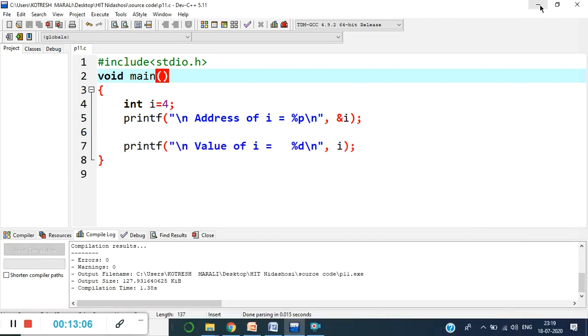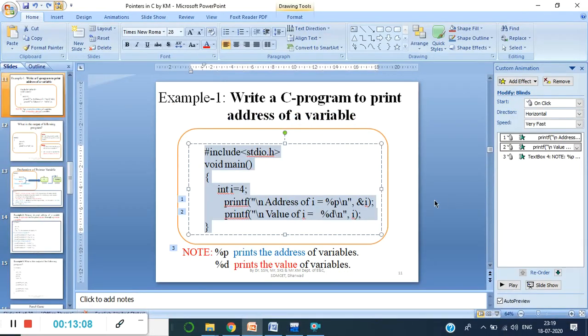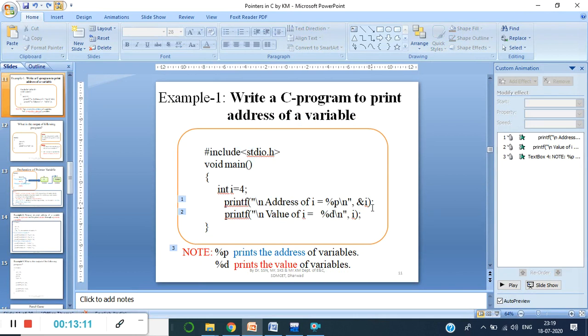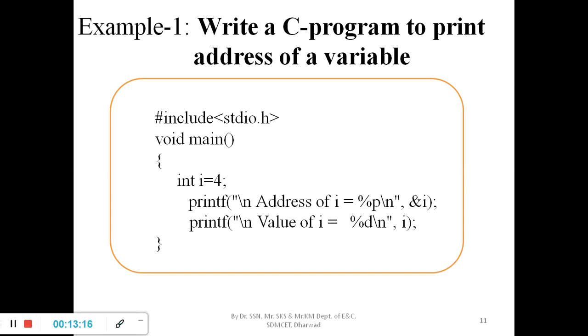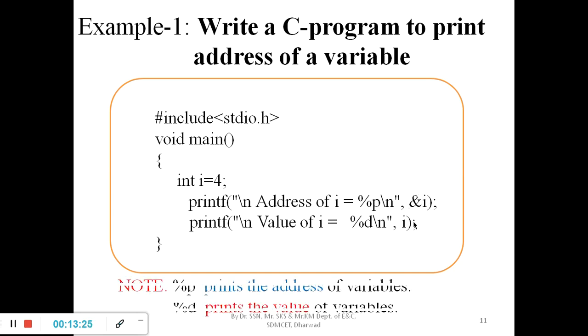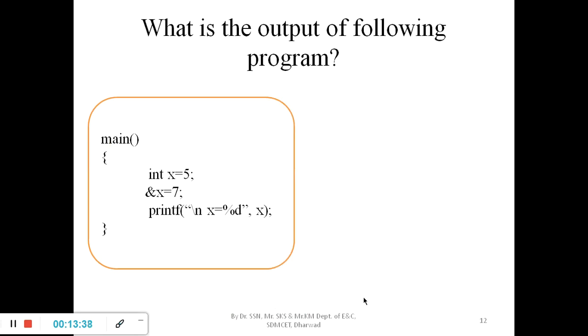This is a simple program just to demonstrate how to access the variable address through &i, and how to access the variable's value. One important point: %p is used to fetch the address of variables and %d is used to fetch the value.